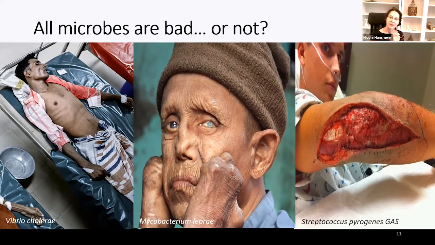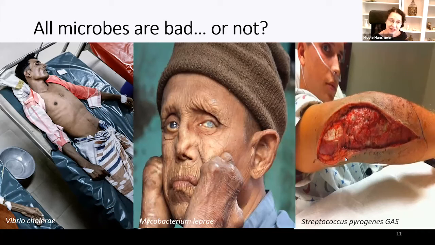So from our perspective, when we think about microbes, we also always think about diseases. Yes, we know COVID-19, cholera, leprosy, and also this nasty image of flesh opening up, what these patients had.